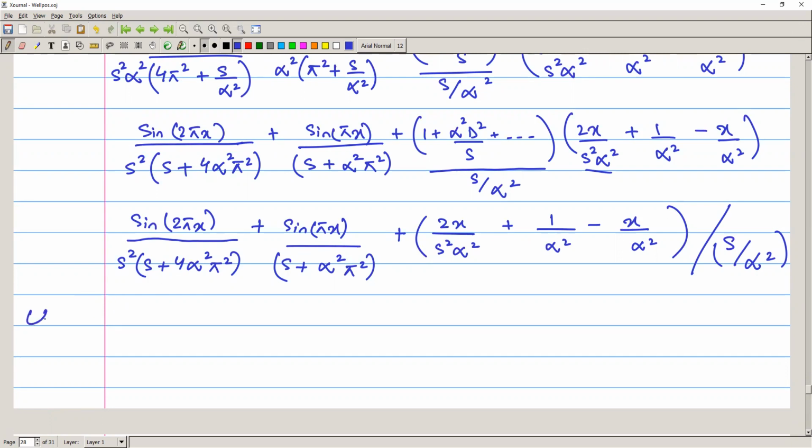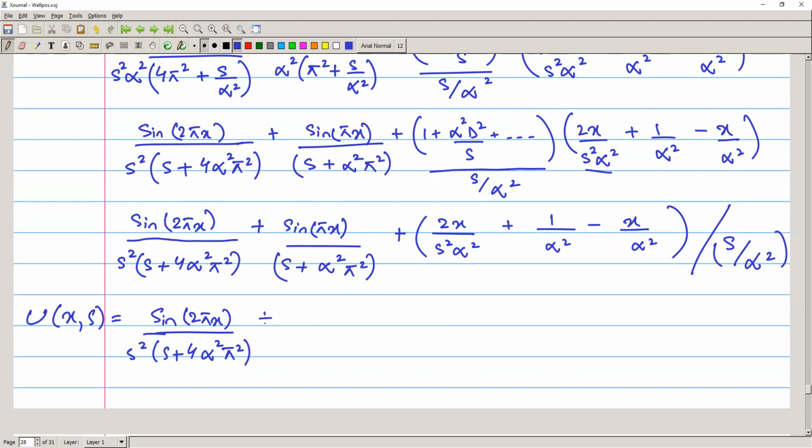So now you can see that the function u of x comma s is equal to sine 2 pi x over s squared, this one.